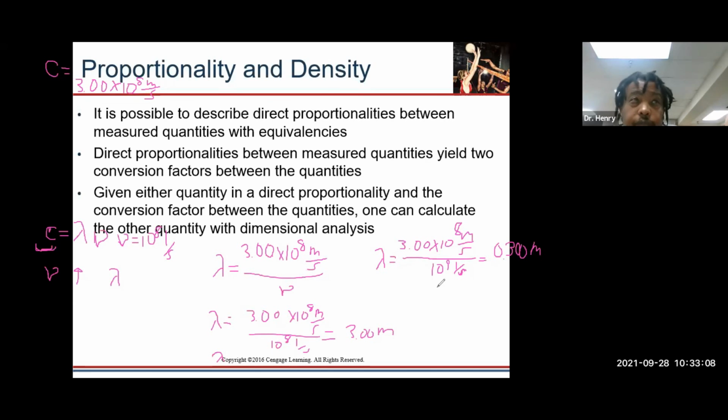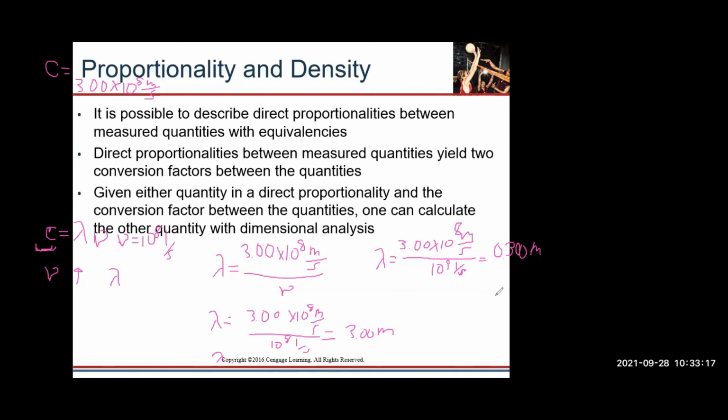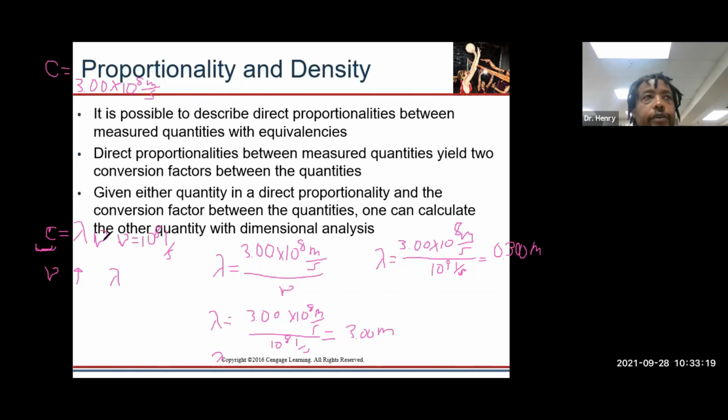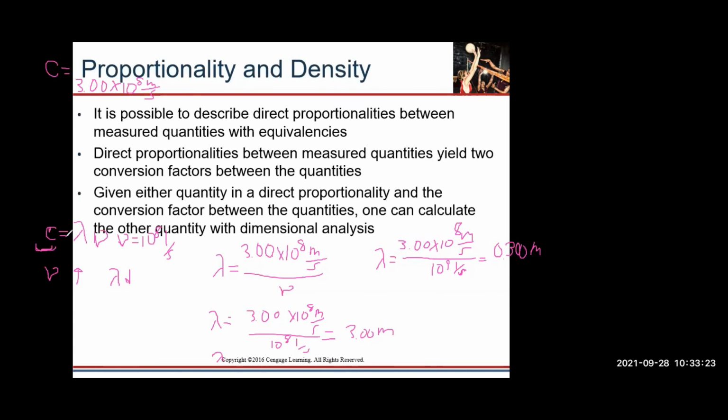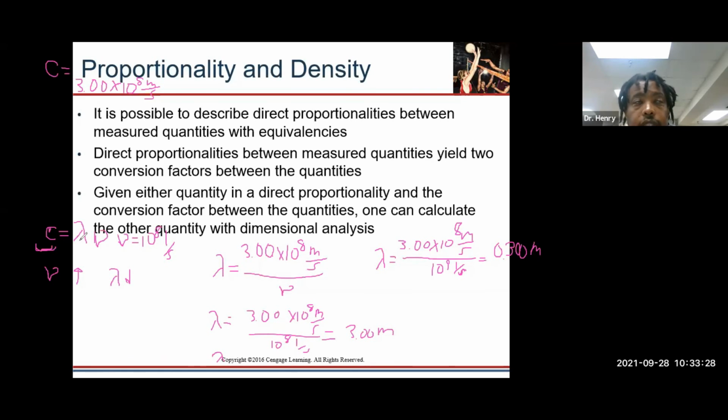Okay, so we went from 10 to the 8th to 10 to the 9th for nu. So we're increasing nu, right? So as nu increases, what happened to lambda? We went from 3 meters to 0.3 meters. It decreased, okay? So this means that in this equation, lambda, which is the wavelength, is indirectly proportional to the frequency.